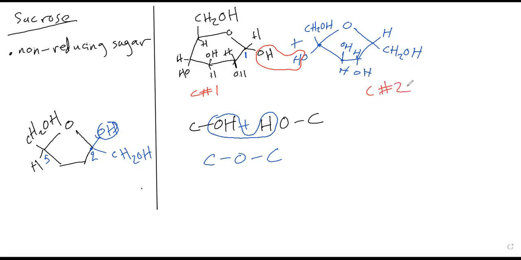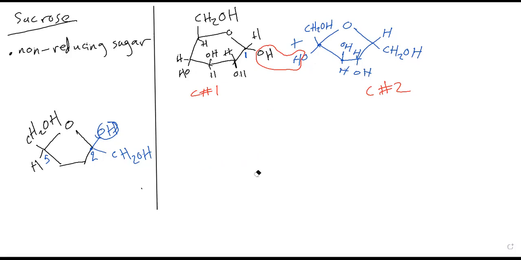So we also have to know which carbon atoms are taking part in the reaction, or we should say the OH group on the particular carbon atom. It's the OH group on carbon number 1 for glucose and the OH group on carbon number 2 for fructose. All right, so let me just erase. You have to be able to show this reaction. They can ask you to show it.